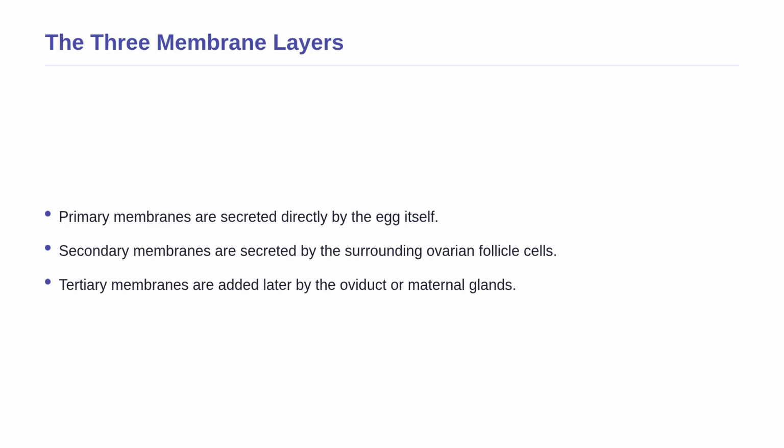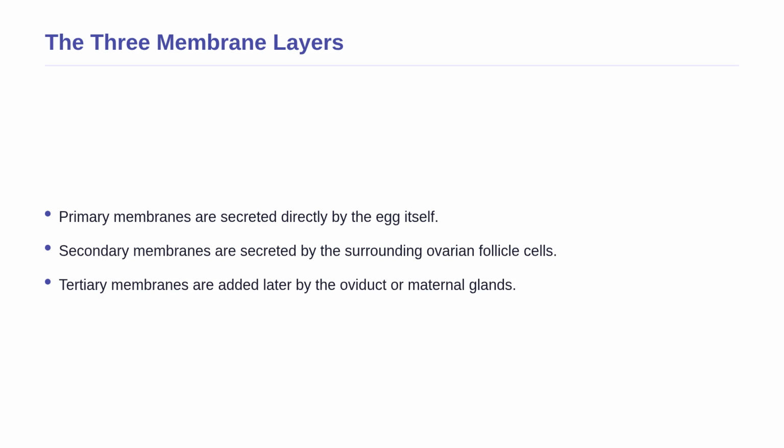Let us break down these three categories to understand exactly where they come from. Primary membranes are secreted directly by the egg itself while it develops in the ovary. Examples include the vitelline envelope in amphibians and the zona pellucida in mammals.